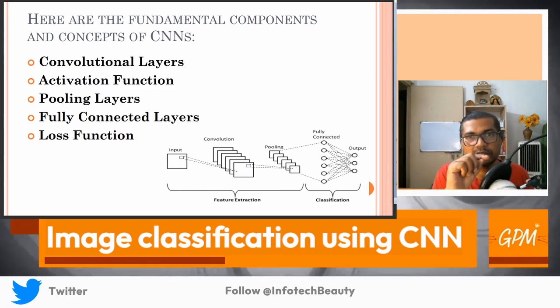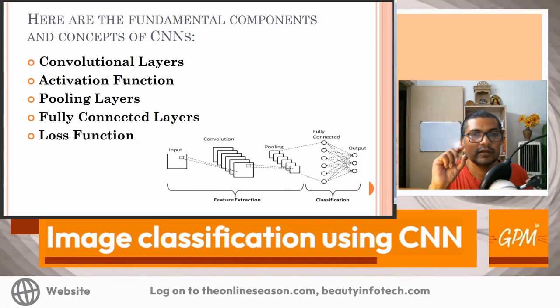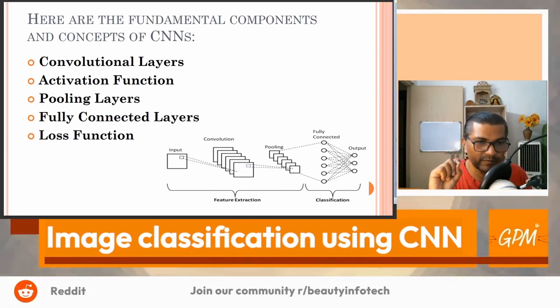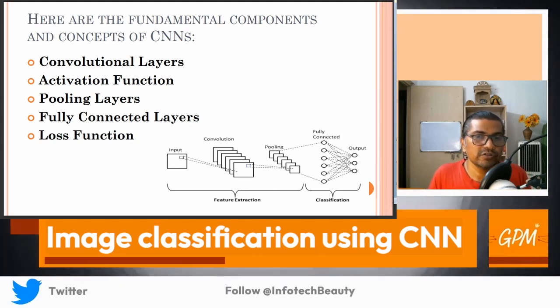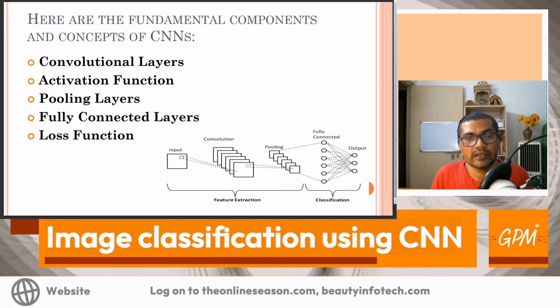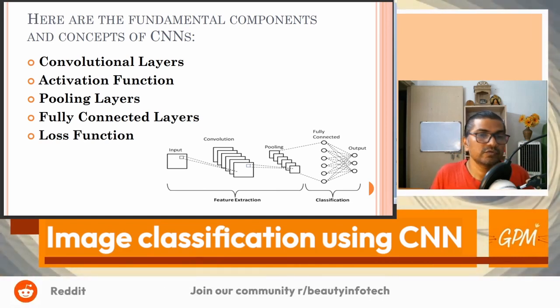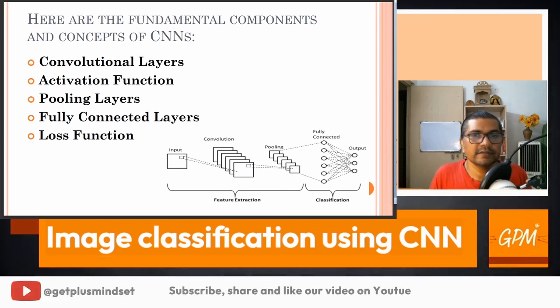So when it is selecting a small 2 cross 2 region from the picture, it is taking the max value, and pooling reduces the spatial dimensions and makes the network more computationally efficient and robust to translation in the input.